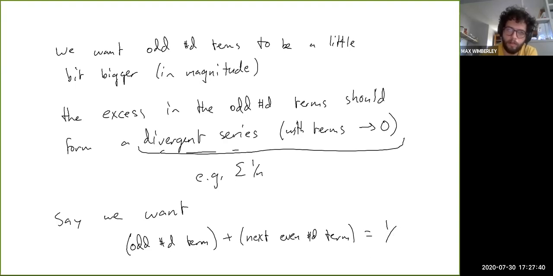So the kth odd numbered term plus the kth even numbered term should be 1 over k or something like that.